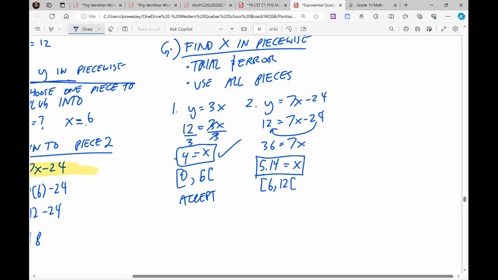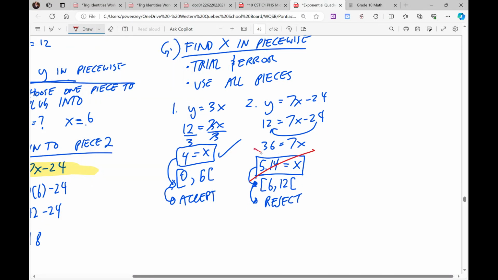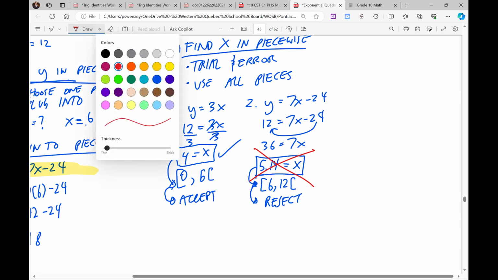On the first one, did 4 fit between 0 and 6? Yes, it did, so I accepted it. Does 5.14 fit between 6 and 12? It does not. So on this one, we will reject it as an answer. So that one doesn't count. But it's kind of annoying that I had to go through that whole process just to see if it fit.